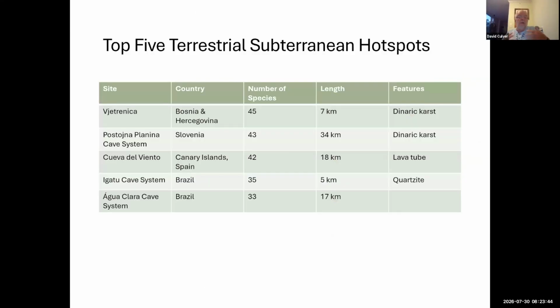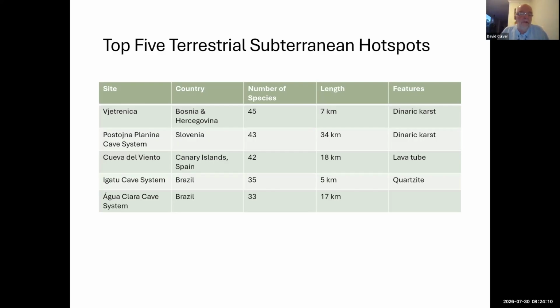Well, the terrestrial sites are, in a way, more interesting because it's such a different pattern. We have the Vjetrenica cave in Bosnia and Herzegovina, which is near Dubrovnik, and the Postojna Planina cave system, both of which are part of the Dinaric Karst and part of the ridge biodiversity.